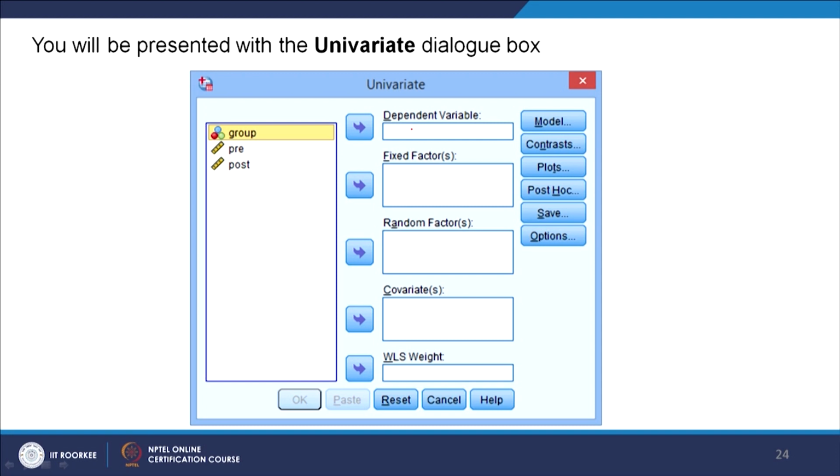So, after doing the exercise, what is the result of my cholesterol, that comes under the dependent variable. My group is my fixed factor, right, what group you come into: no exercise, little or mild exercise, and heavy exercise, okay. And the pre cholesterol level is taken as my covariate, okay.